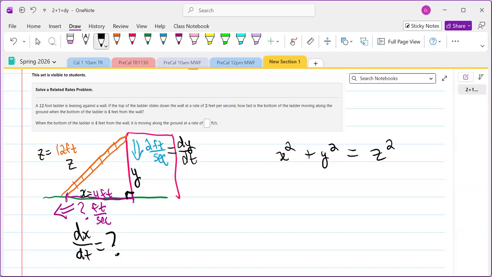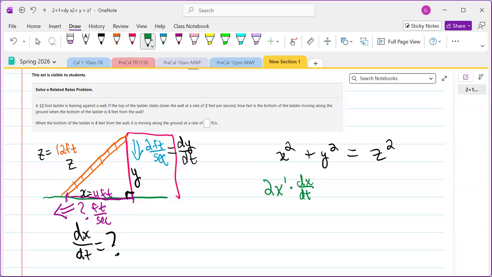Now, I want to differentiate this with respect to time. We're going to take the derivative of everything, but every time we take a derivative of a term, the chain rule comes into play, and the chain rule is going to give us our related rates parts. So the derivative of x squared, that's our power rule, so the 2 is going to come down. I'll have 2 times x to the first, and then here's our chain rule showing up, times the derivative of x with respect to time.